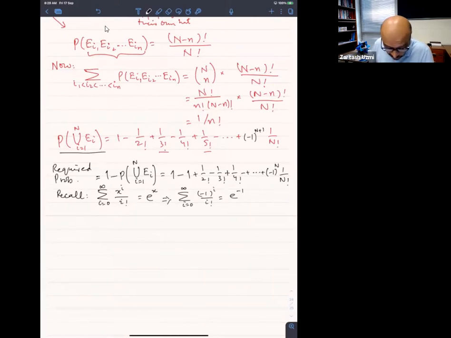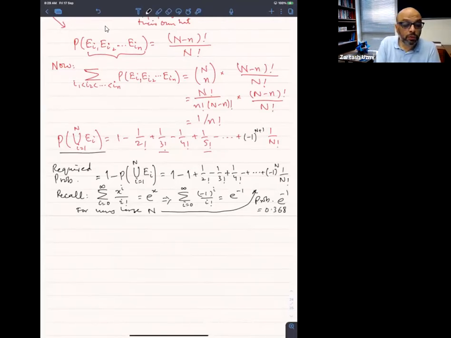So for very large n, this probability goes to e to the minus 1, which is 0.368. So जो हमने पहले ऐसे लग रहा था कि ये बहुत क्लोज टू जीरो आ जाएगी, बहुत क्लोज टू जीरो नहीं आ रही है। This is 0.368.